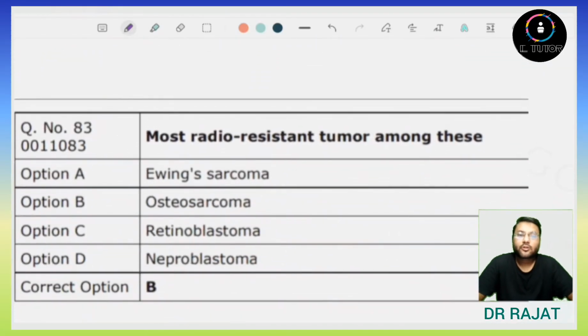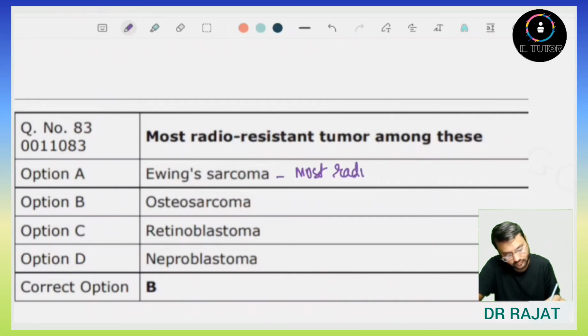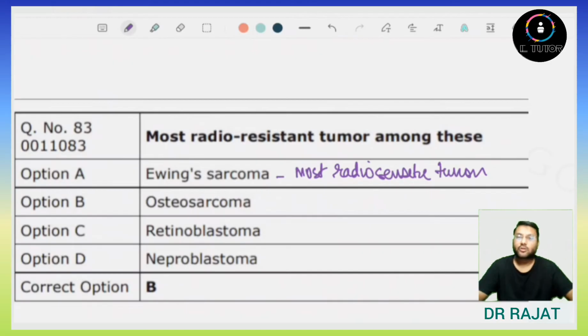Radio resistant tumor among these is. So we have to talk about two types of tumor, radio resistant and radio sensitive. If we talk about Ewing sarcoma, then it is the most radio sensitive tumor. And among the given options, the most radio resistant tumor is osteosarcoma.